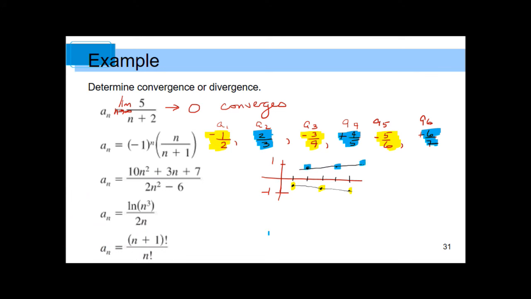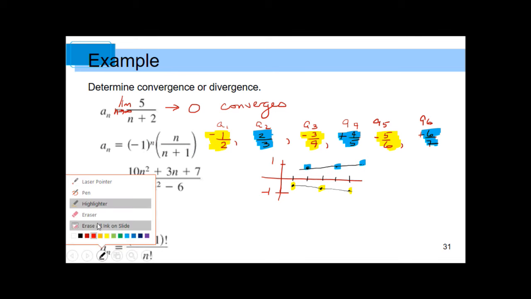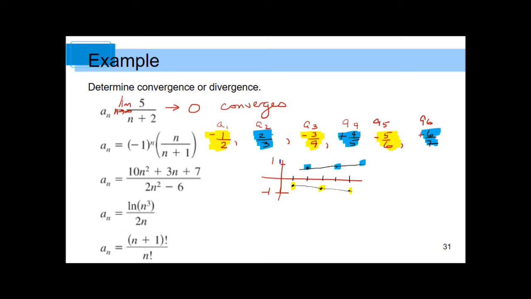Now remember, in order for a sequence to converge, it has to be getting closer and closer together overall towards some value. But what's happening here is that the top values are getting closer to 1, and the bottom values are getting closer to negative 1.